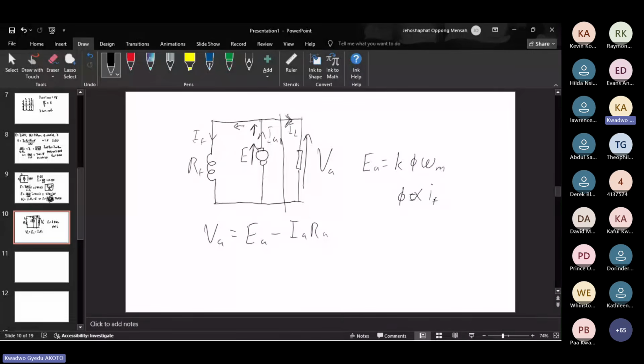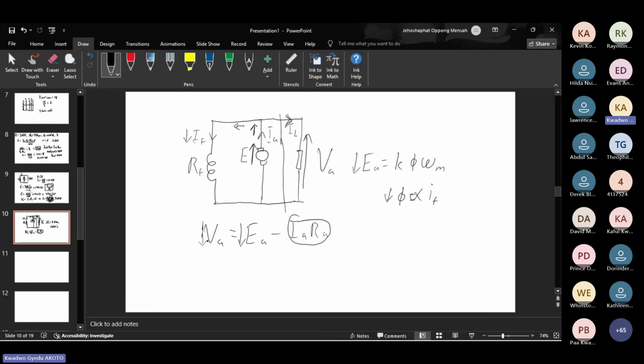So once our machine becomes loaded, IF is going to reduce. If IF reduces, flux is going to reduce. If flux reduces, EA is going to reduce, even before the voltage drop comes and reduces our terminal voltage. So for a shunt connection, we have a reduction in EA before the drop.